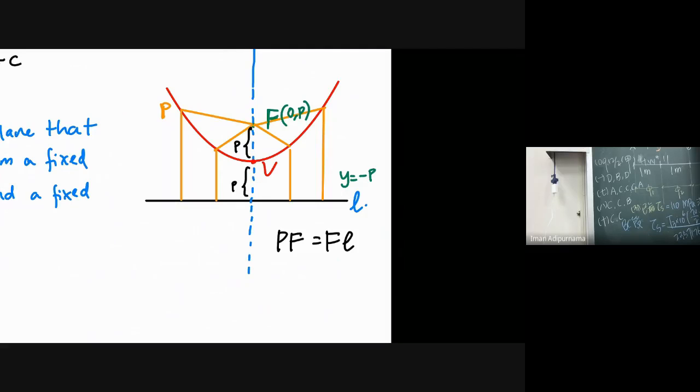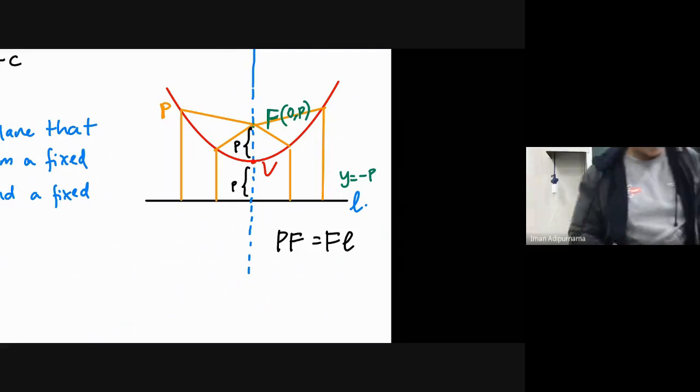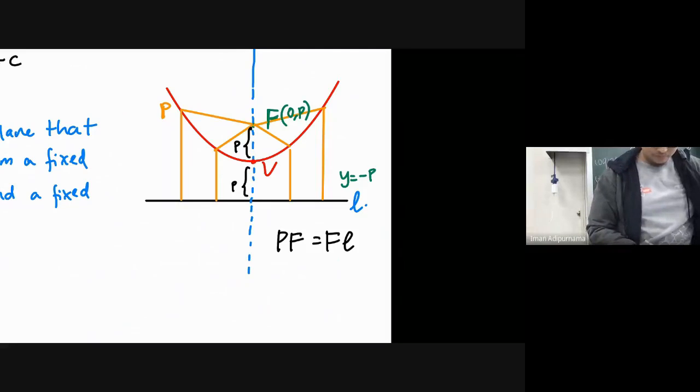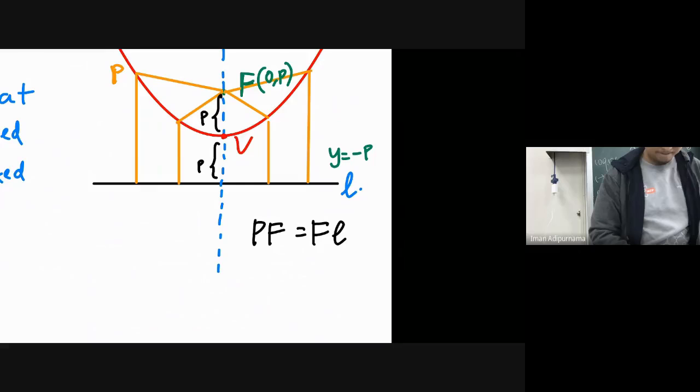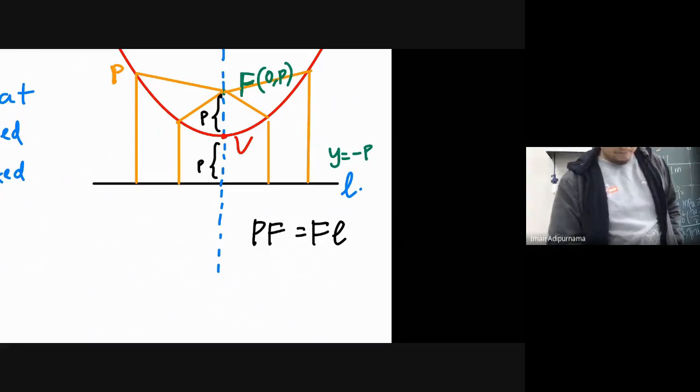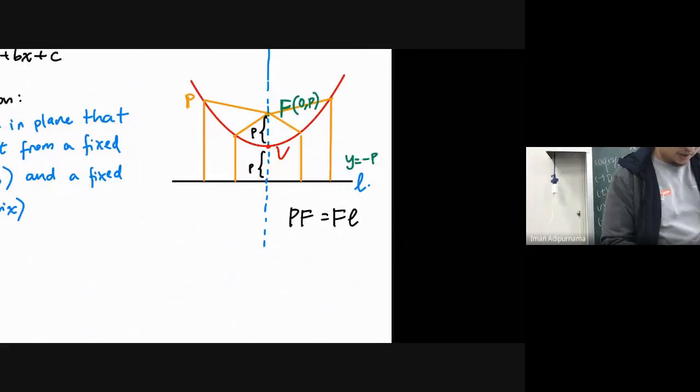The distance is the same, p, but if you imagine this is the 0 here, this is negative and this is positive p. So this is a parabola for p greater than 0.